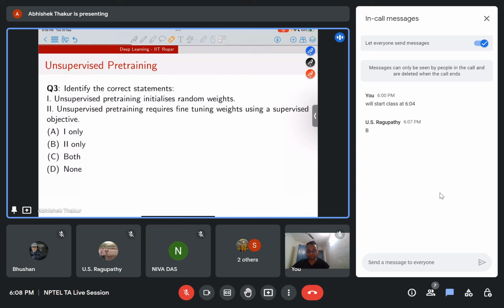Now coming to unsupervised pre-training. Before solving this question, we will see what unsupervised pre-training is. In this question, we have to identify the correct statements. The statements are: unsupervised pre-training initializes random weights, and second, unsupervised pre-training requires fine-tuning weights using a supervised objective.